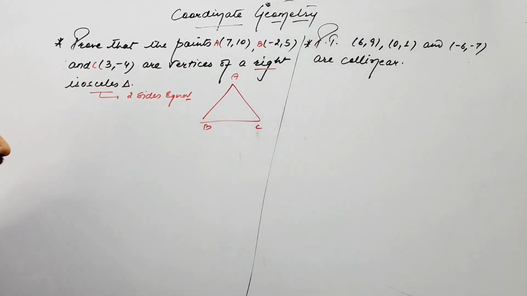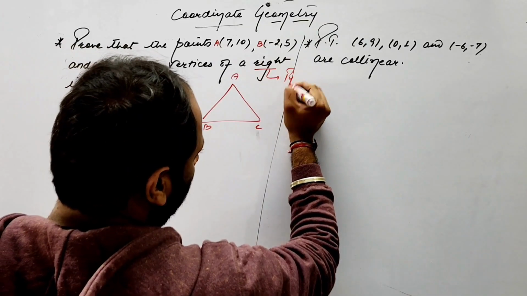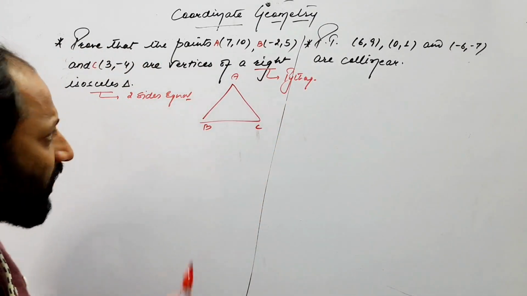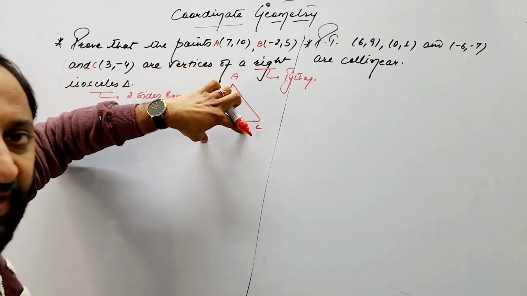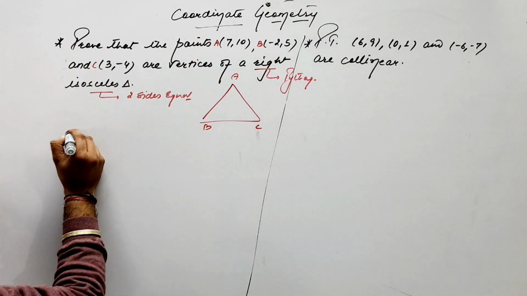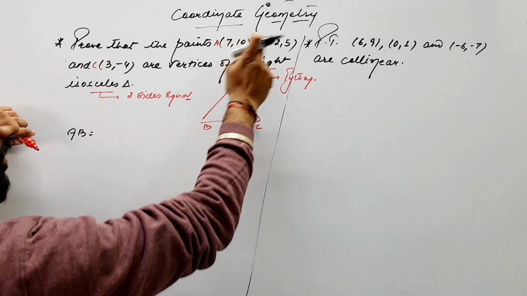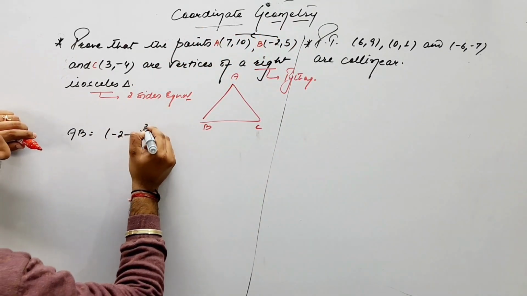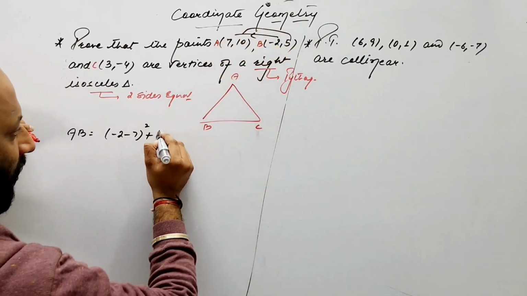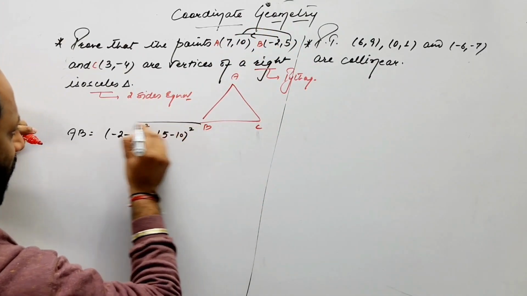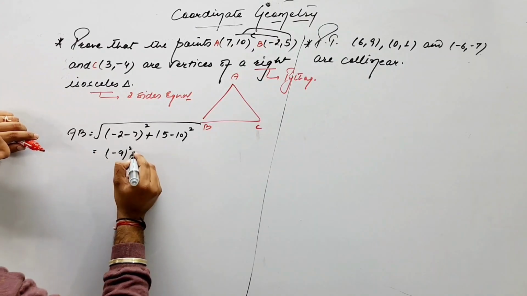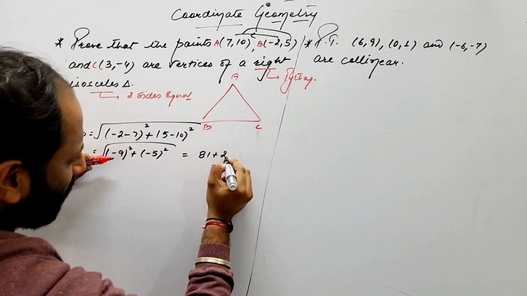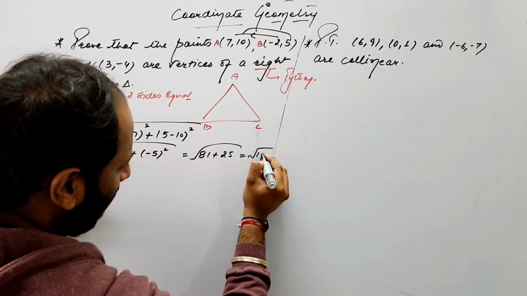That is the very first condition. For the right angle, we'll use the Pythagoras theorem. So we will use two results here. Before that, we'll find AB, BC and AC. For AB, (minus 2 minus 7) square plus (5 minus 10) square, that is 81 plus 25, and root 106.